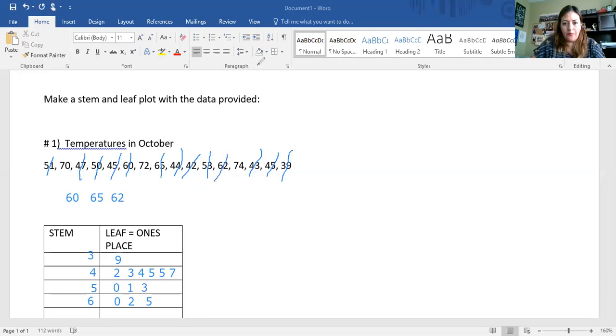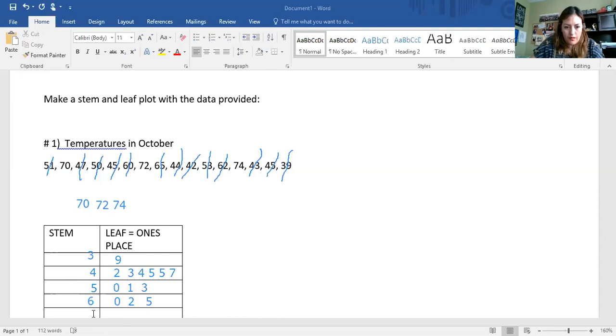So now I can check if I have 70s. So I do have a 70 right here. Then I have a 72 right here, and I have a 74 over here. So I do have 3, okay?